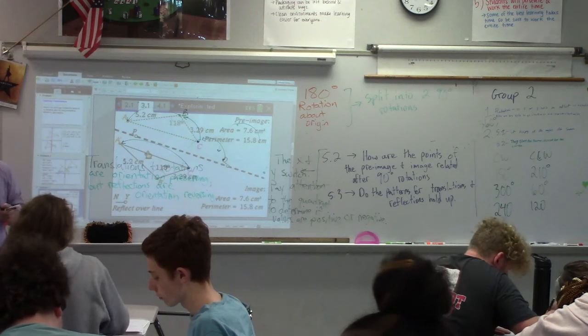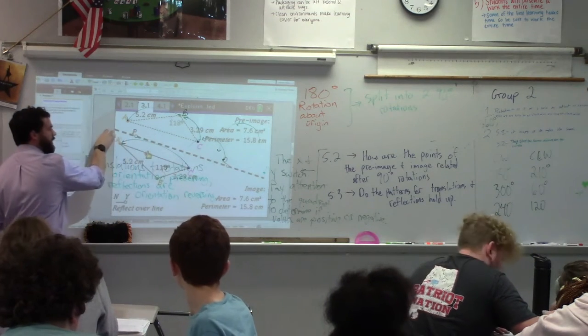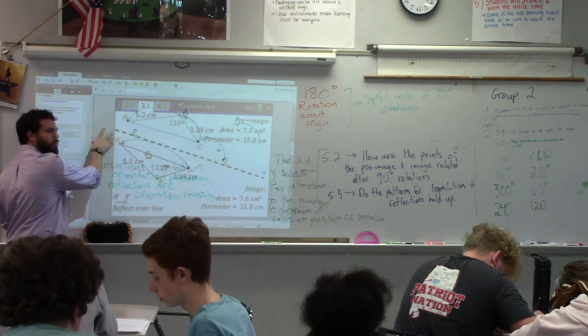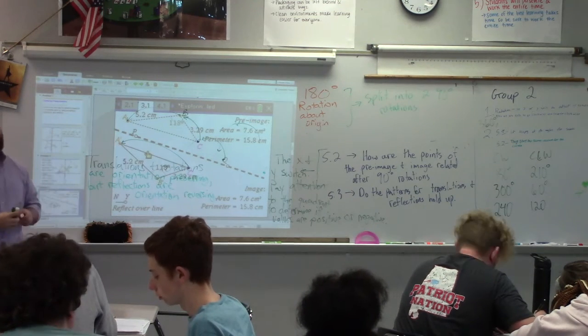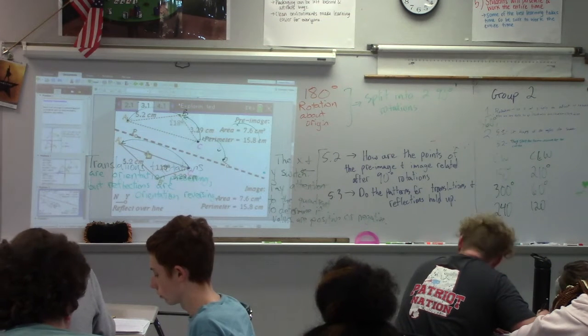And all that means is if I go in the same direction, it's going to give me a different angle next with reflections, right? So orientation preserving versus orientation reversing.